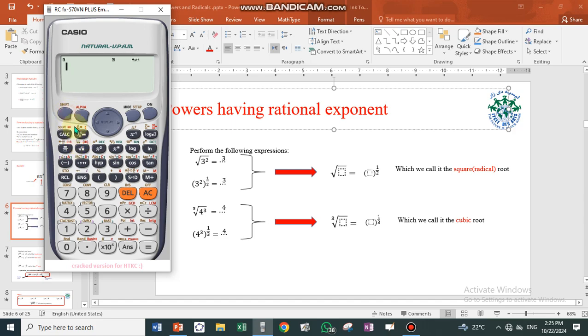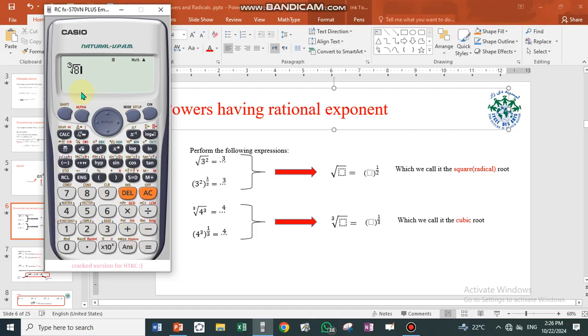You have to press shift, and this kind of radical, you get the cubic root of, let's say, 4 exponent 3. Pressing equal, we get 4. And we can check it for other numbers. Let's say the cubic root of 8.